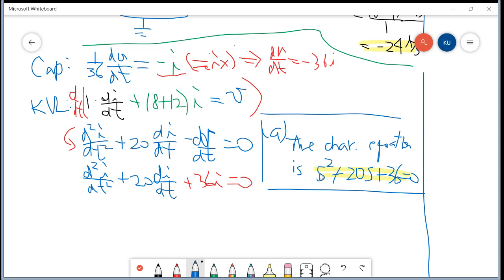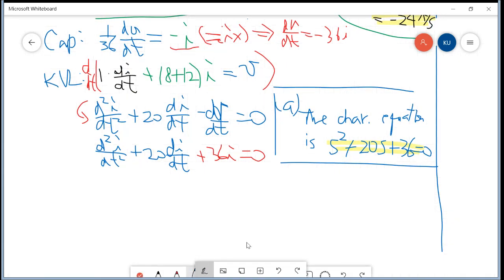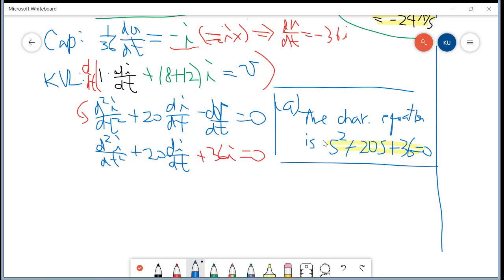And then we would like to solve this ODE. Actually, we would like to solve this characteristic equation. So we'll get s is minus 2, minus 18.